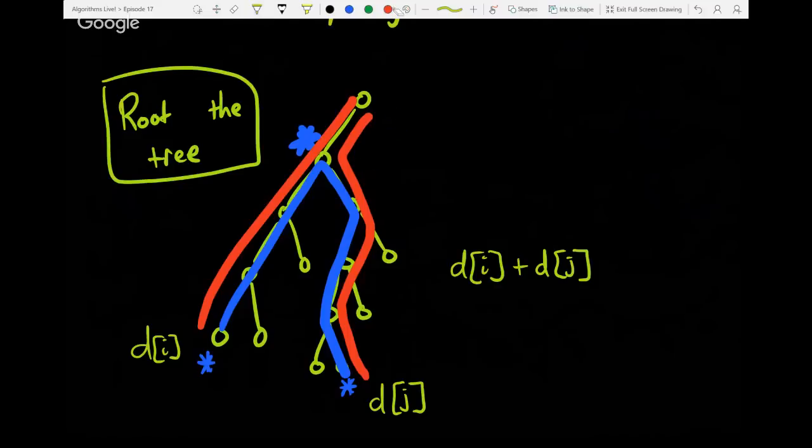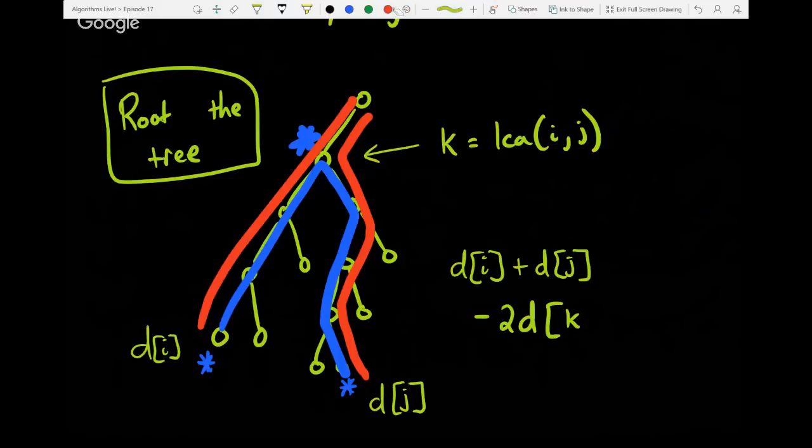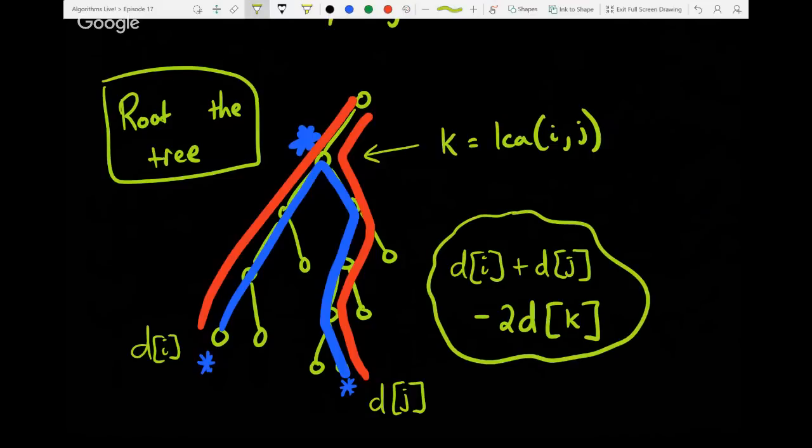Let's say this node is the LCA, so I'll call that k, where k equals LCA of i and j. Now all I have to do is subtract out what I'm overcounting twice: 2 times the depth of my LCA. That's the equation that gets me the blue piece, which is the length of the path.